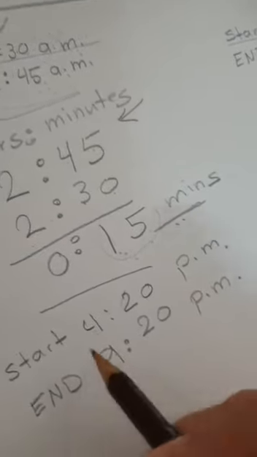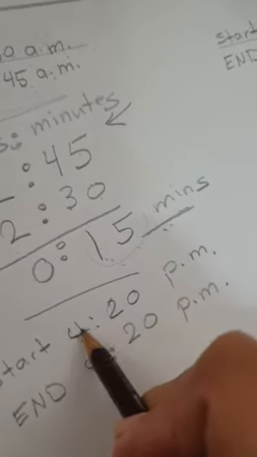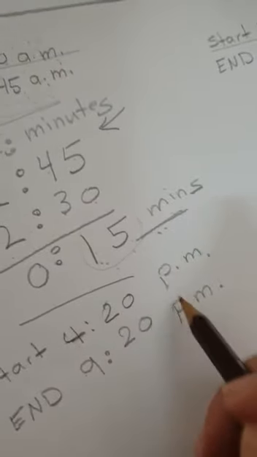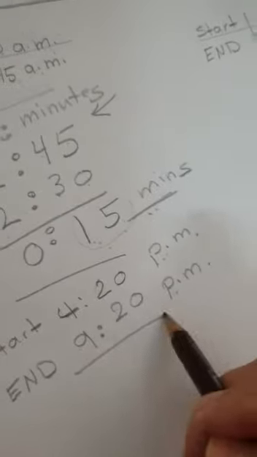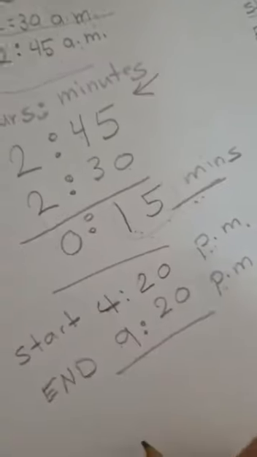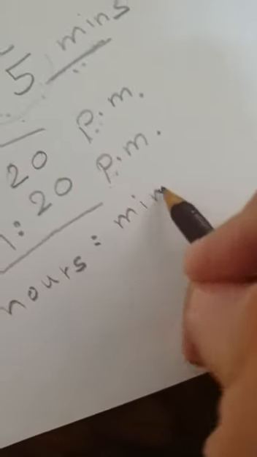Also these two times are in the same period, PM. They are the same, both of them in the same period of time. What do we have to do? As before, hours, colon, minutes.